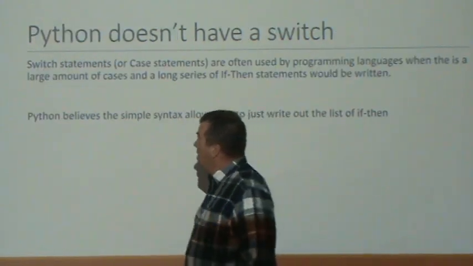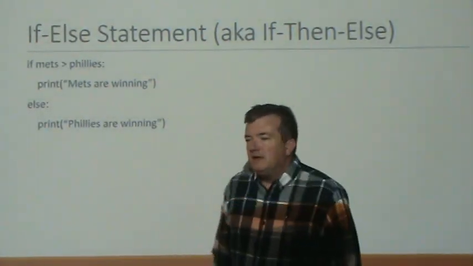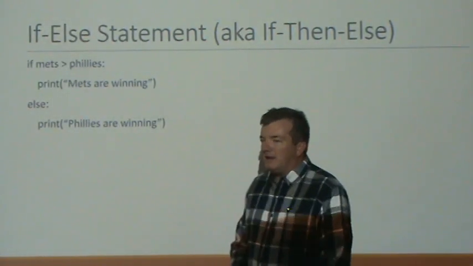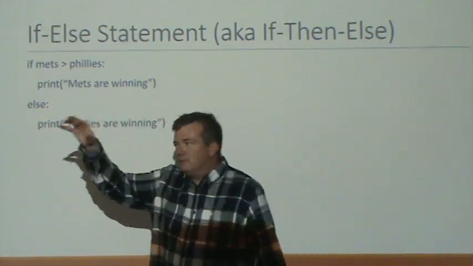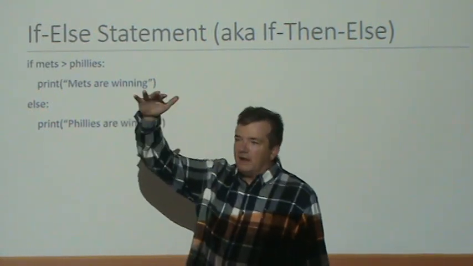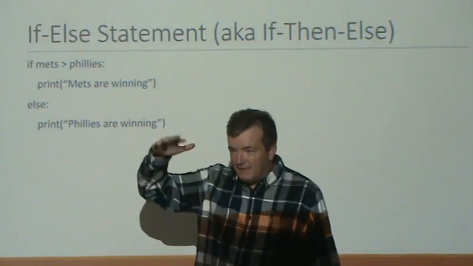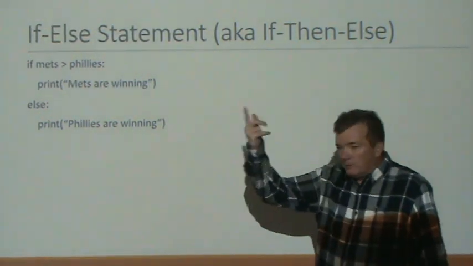And one thing that is popular in programming languages, if you find that you have many, many scenarios. If today is Monday, do this. If today is Tuesday, do this. If today is Wednesday, do this. And you're going to be writing out rounds and rounds of if-then statements. And the day of the week can only be one of the days.